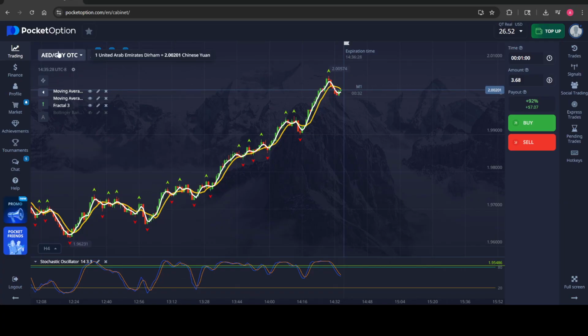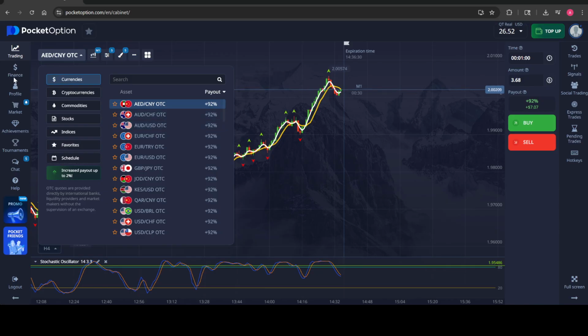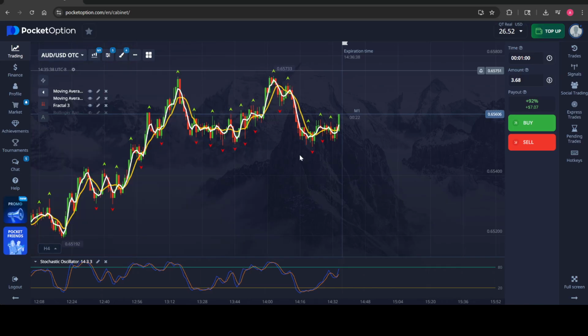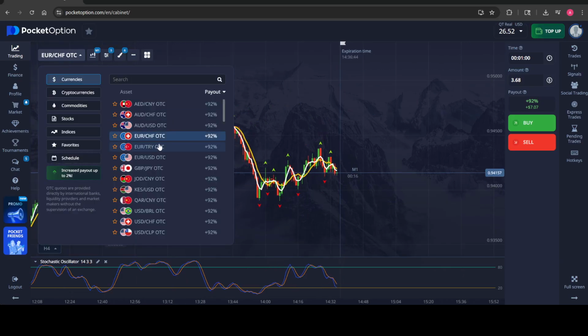So let's do this. I'm trading currency pairs. I'm looking for a high payout here. 92% is the highest. And what I'm looking for is a cross towards the direction of the trend, right? So let's see.